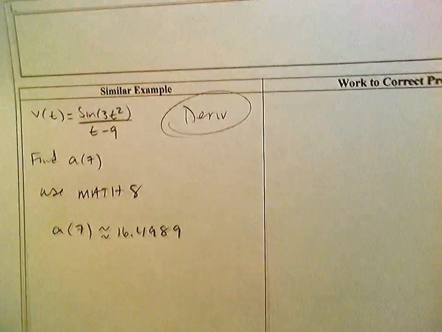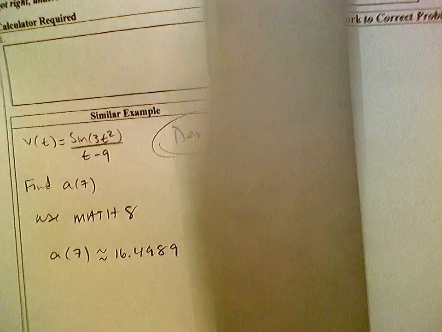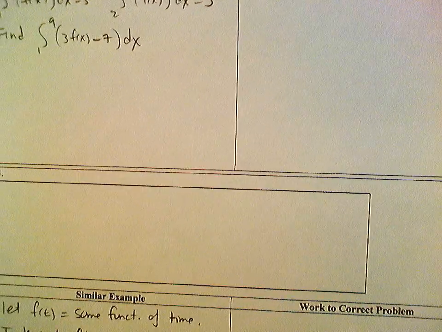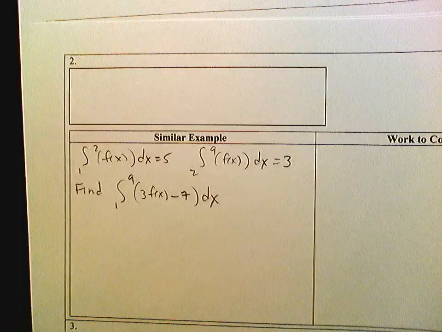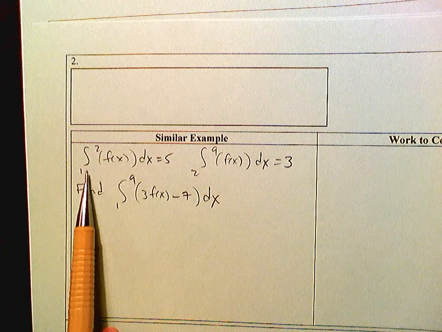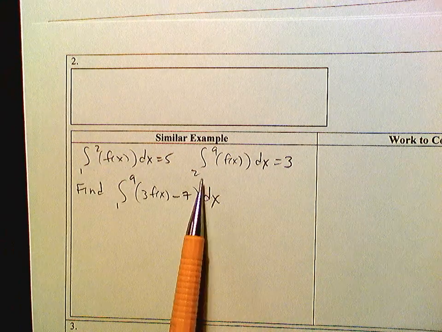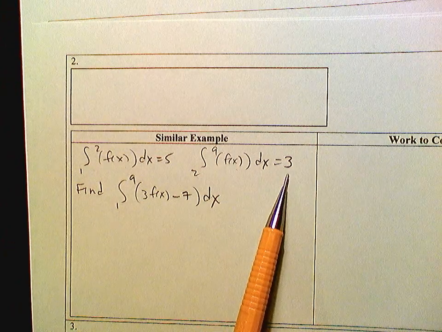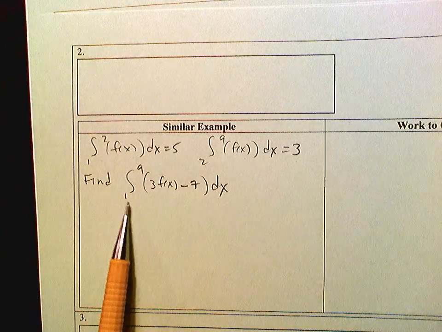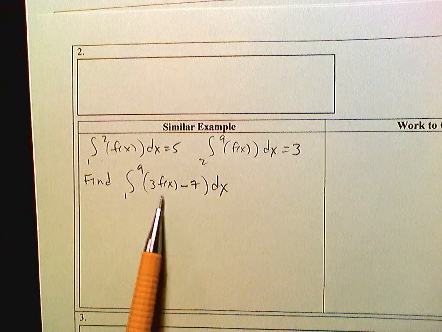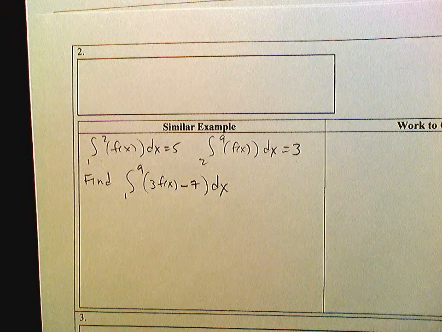Okay, so moving on. Number 2, here is a similar example. I'm giving you that the integral from 1 to 2 of f of x is 5, and the integral from 2 to 9 of f of x is 3, and with that information we want to find the integral from 1 to 9 of 3 f of x minus 7.